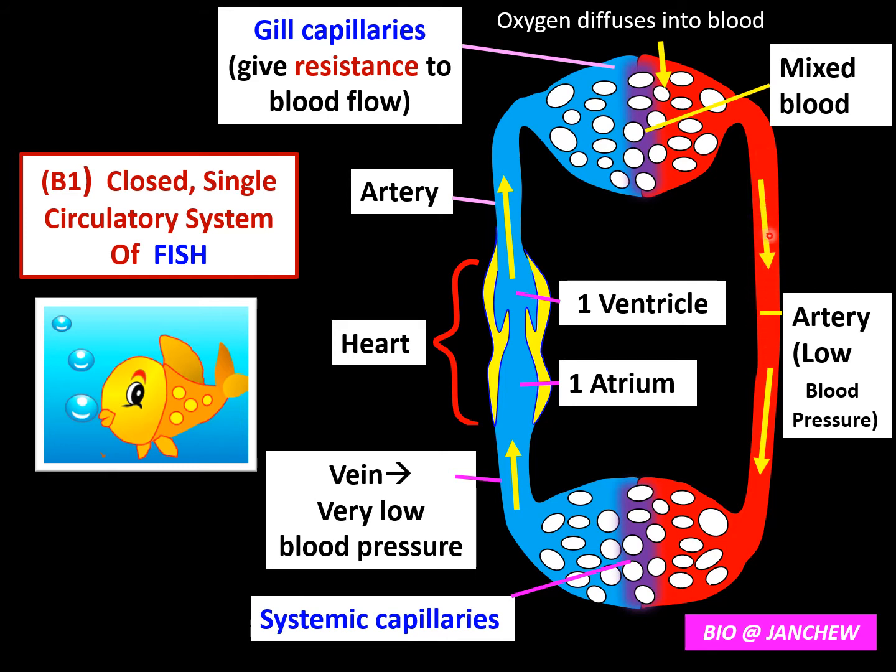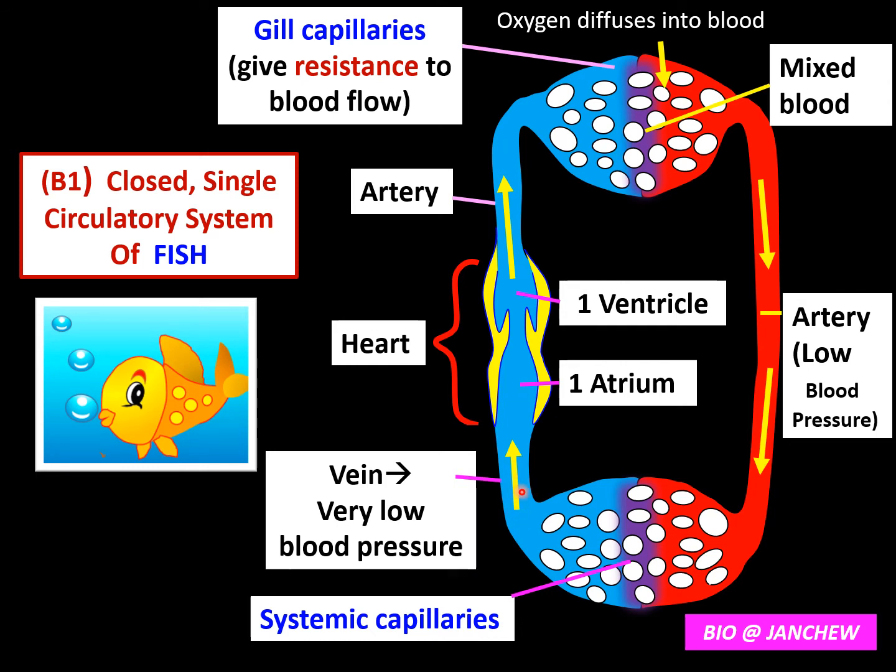And after that, it does not flow back to the heart to be pumped under high pressure to the systemic capillaries and the body cells. It straight away flows to the systemic capillaries to supply the oxygen to the cells. Again, when the blood flows through these systemic capillaries, the blood pressure will become even lower. So when the blood flows back to the heart, it is at very low blood pressure.